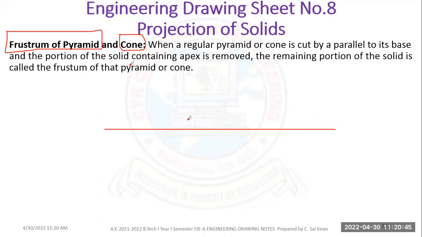Suppose this is a square pyramid. All these points are touching the apex. Then I cut here. What happens is it will generate a smaller square here.